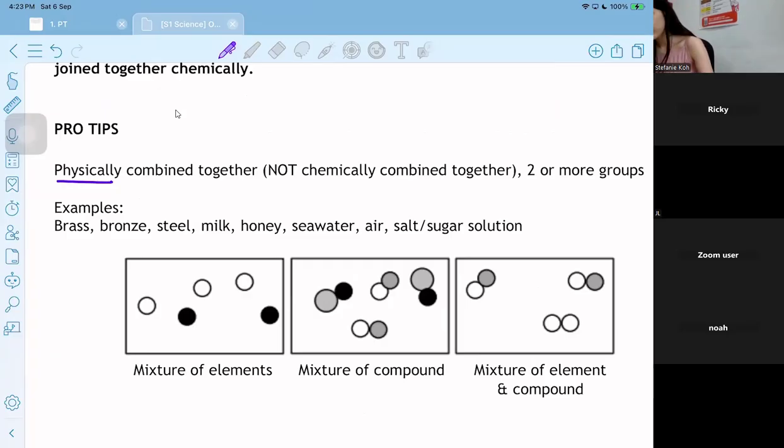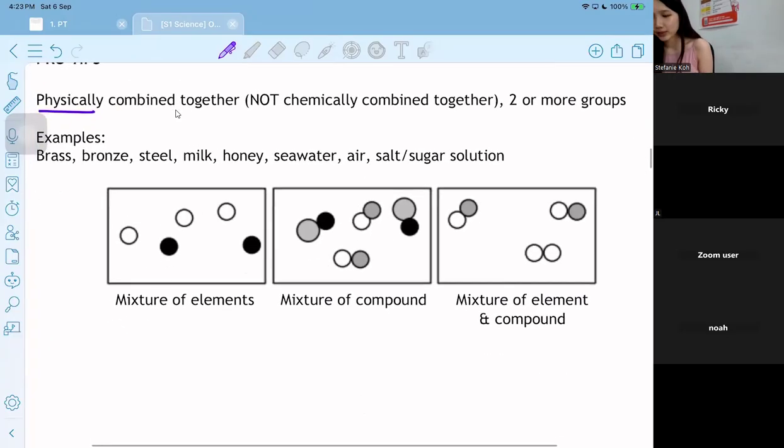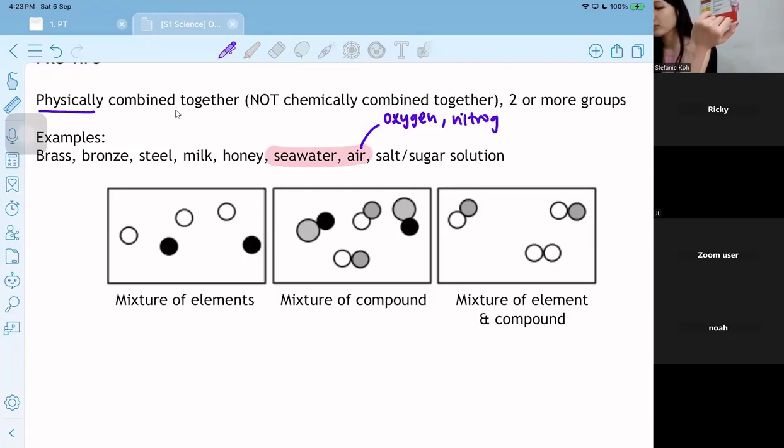So you have a few examples that you need to know, things like seawater and air. They are mixtures of a lot of different gases. For example, in air, you have things like oxygen, nitrogen, and carbon dioxide also, right? So a lot of mixtures of different gases just hanging around together.